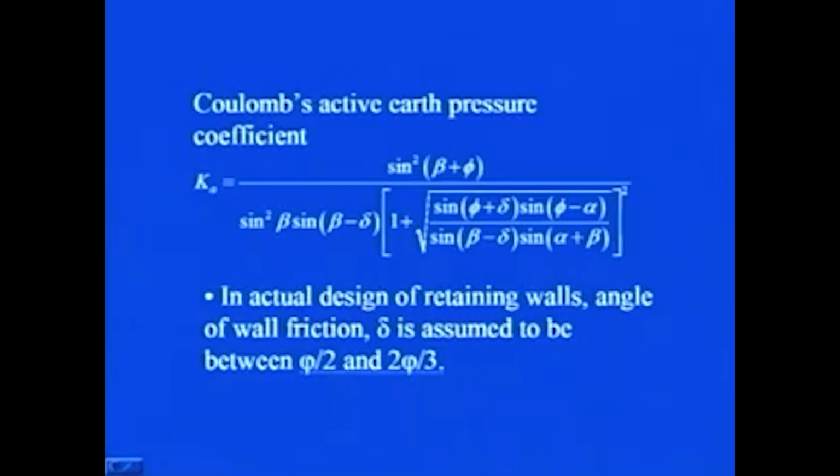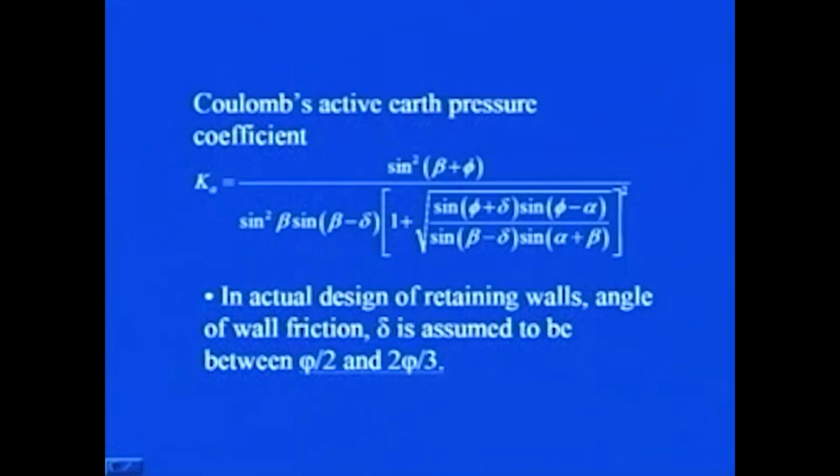Now, what about this angle of wall friction? We really cannot estimate properly what the exact value of the angle of wall friction delta will be. So, usually from experience and engineering judgment, it has been seen that the value of this delta, that is angle of wall friction, varies between phi by 2 and 2 phi by 3.